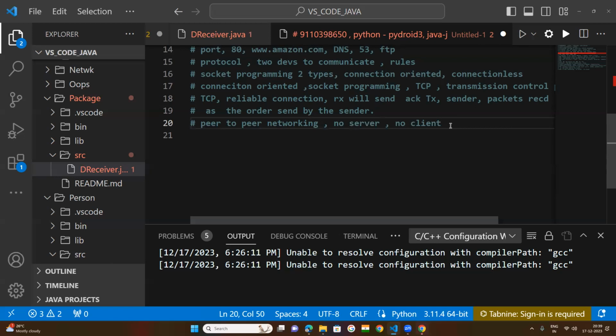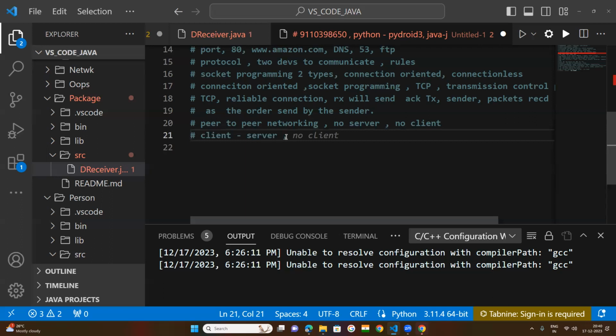But in the client server model, the roles are fixed: the client is fixed and the server is fixed.